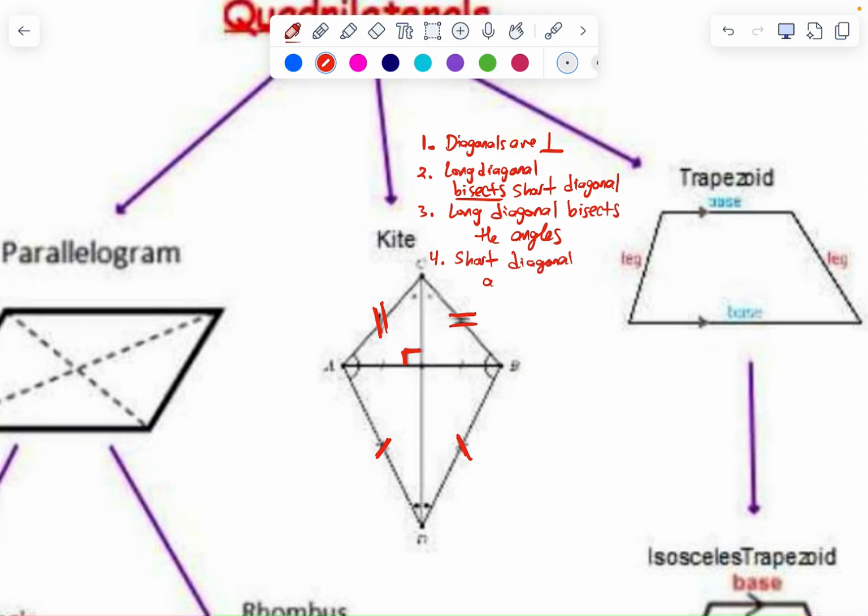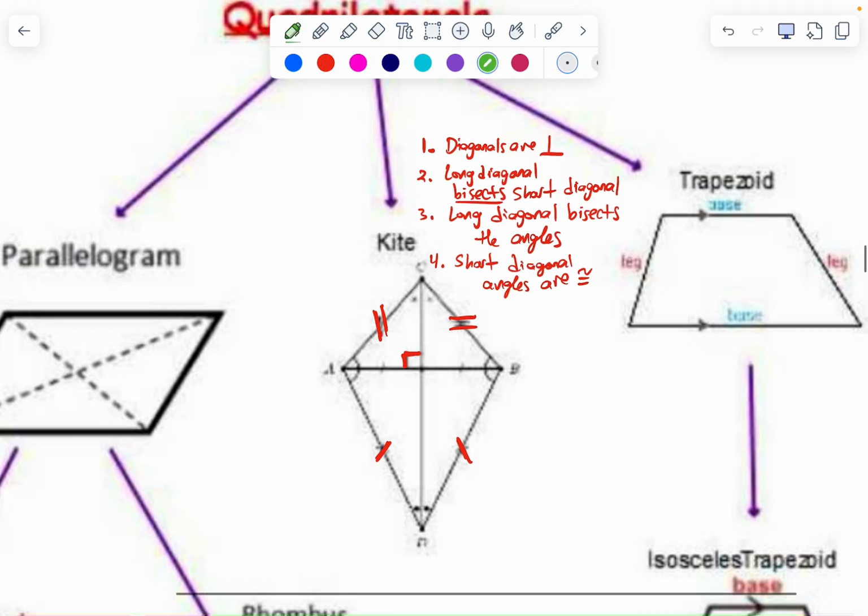The short diagonal angles are congruent. In the picture, that's A and B. Let's see, that pretty much covers it, I think.